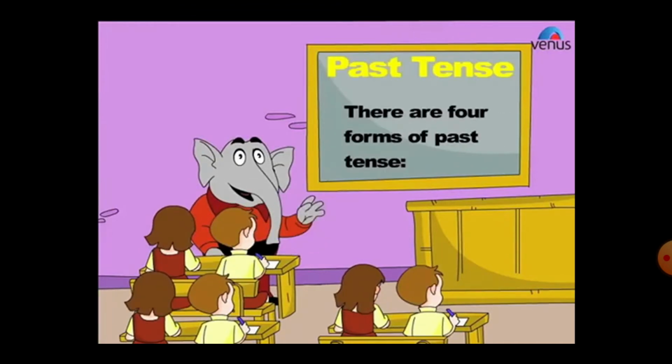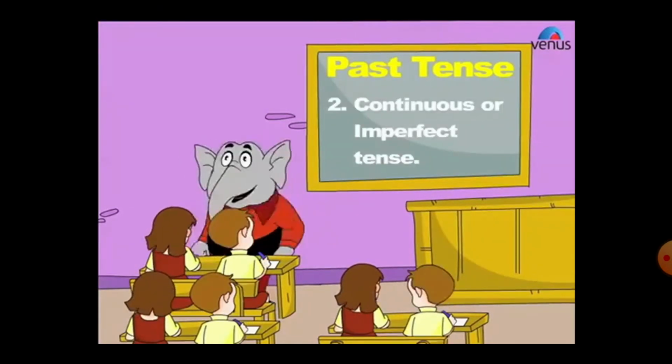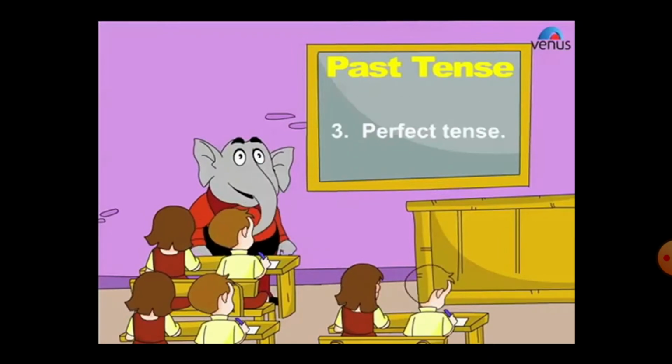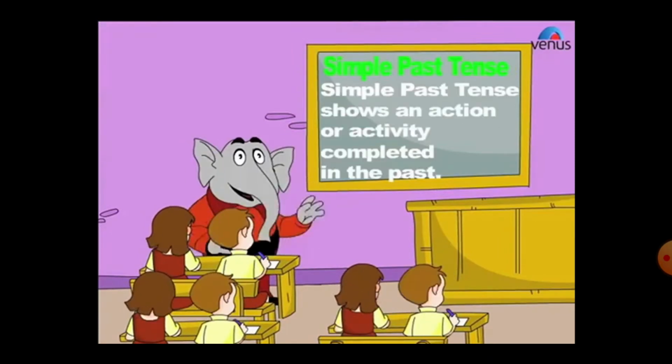Past tense. There are four forms of past tense: indefinite or simple tense, continuous or imperfect tense, perfect tense, perfect continuous tense. Simple past tense. Simple past tense shows an action or activity completed in the past.